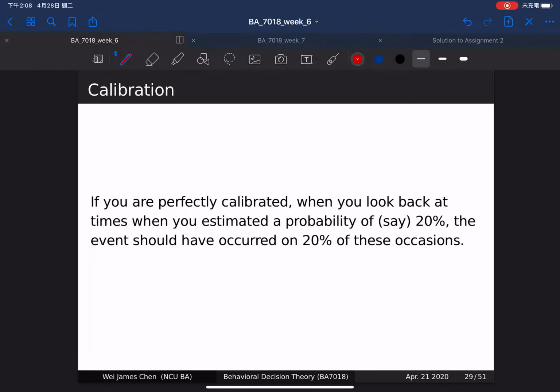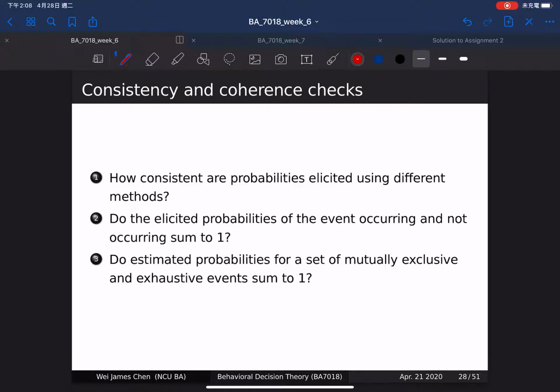And after you do either the direct method, indirect method, or just use words as a descriptive probability elicitation method, at the end you want to do some consistency and coherence check.